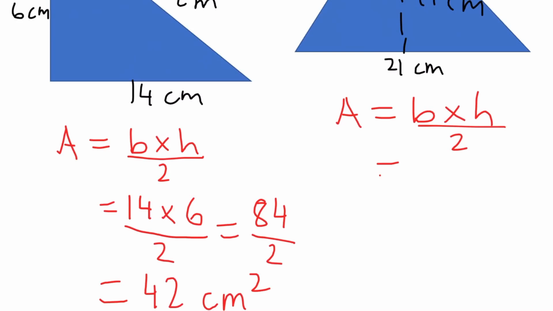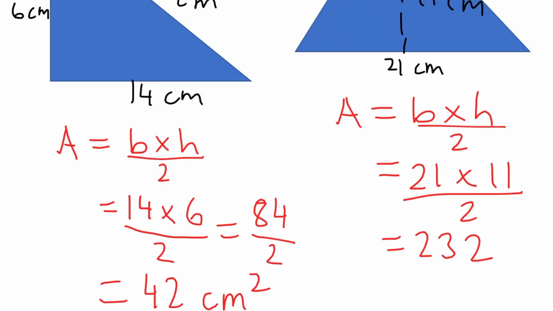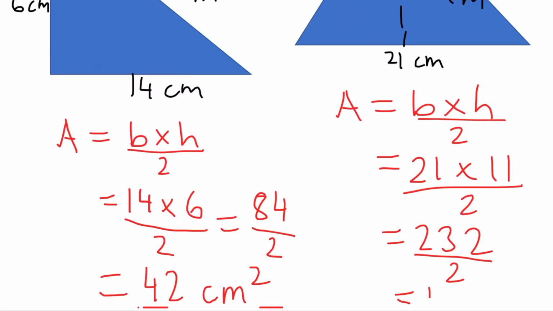So that means it's equal to 21 into 11 divided by 2. 21 into 11, 232, divided by 2, which is equal to 116 centimeters squared.